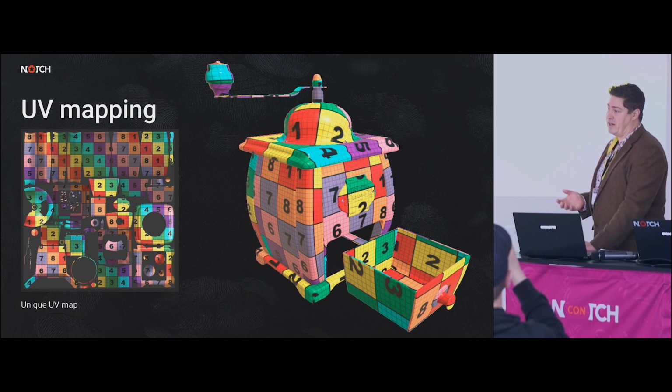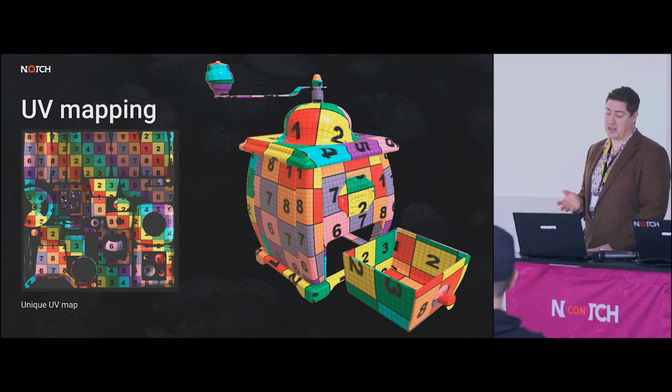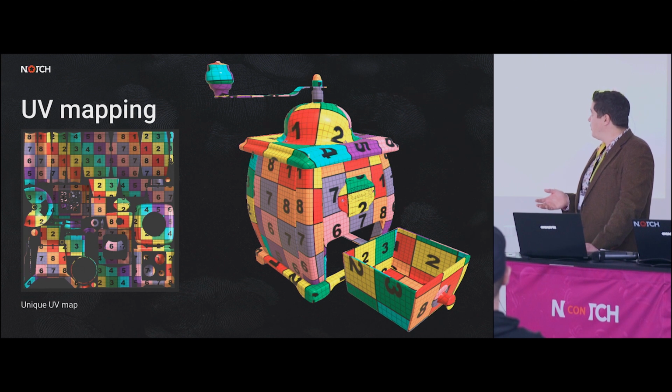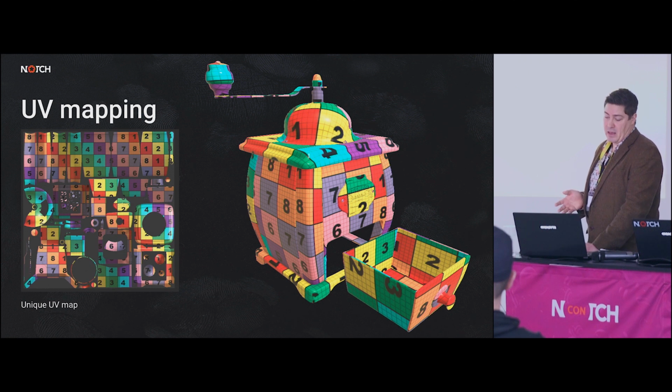So after we've created our low poly mesh, we need a UV map so that we can create the textures for the actual low poly object. For the coffee grinder, we've created on the left-hand side a unique UV map. So what do I mean by a unique UV map?